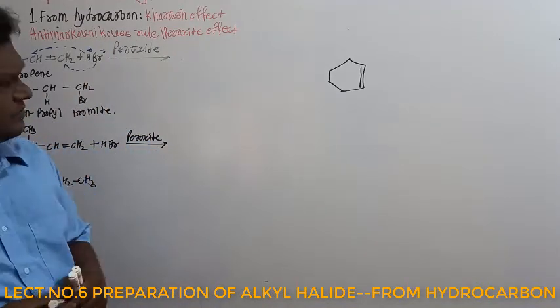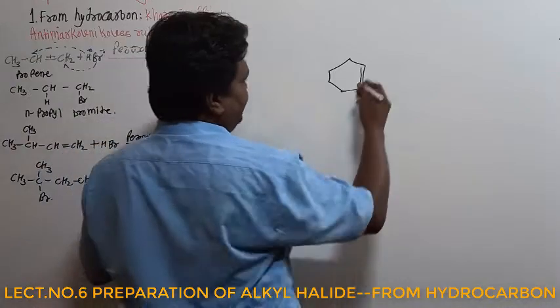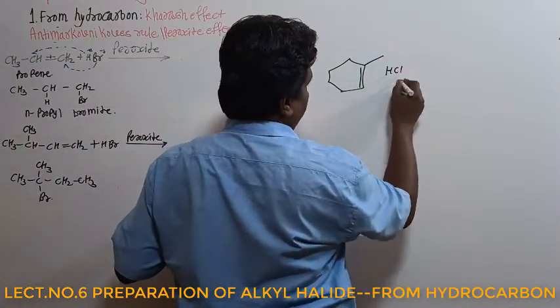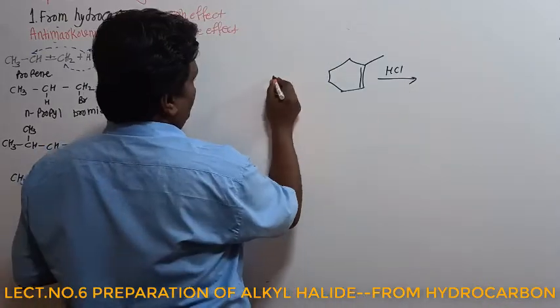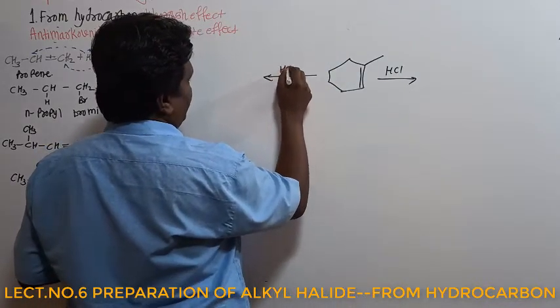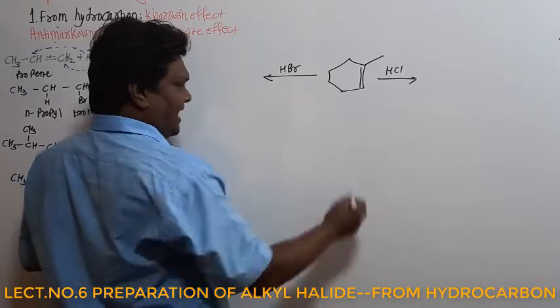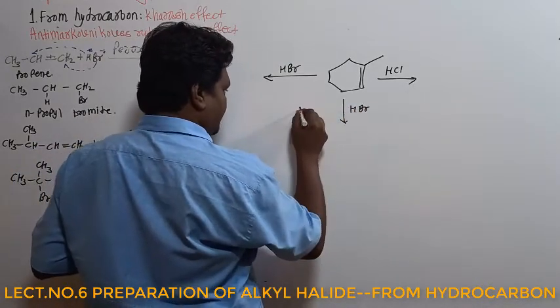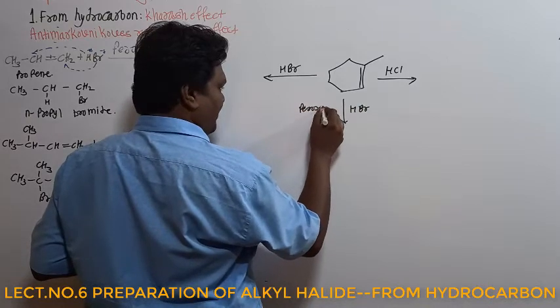Let's change it a little, put a branch here. Now what will happen if you react with HCl, and what will happen if I react with HBr? And suppose I write here HBr in the presence of peroxide, maybe benzoyl peroxide, anything.